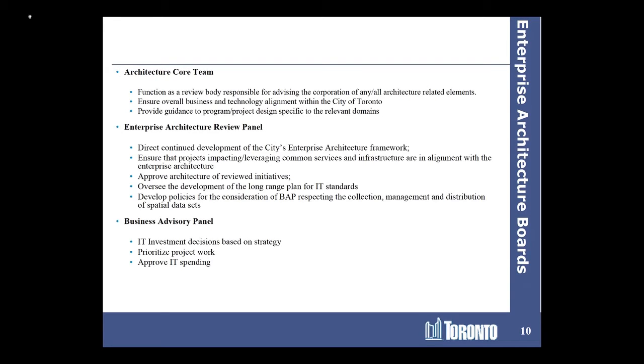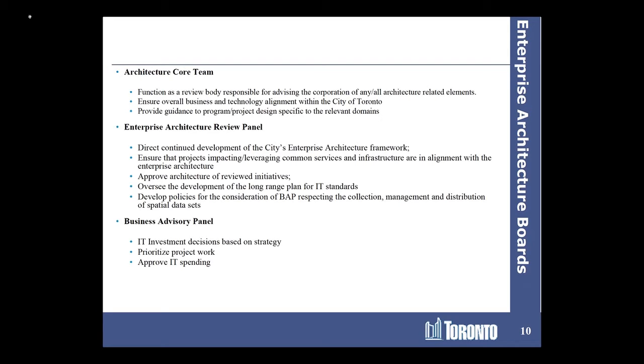The architecture core team, as I mentioned earlier, is my team of domain architects, reviewing the subject matter that's specific to their domain, and ensuring overall business and technology alignment. The enterprise architecture review panel is more of a business representative body that can make sure there's alignment happening at the business and organizational level.